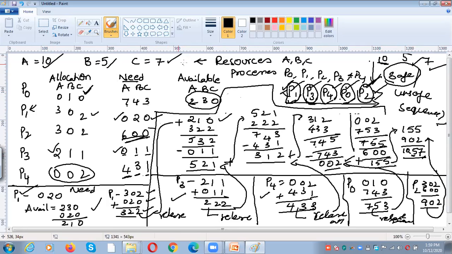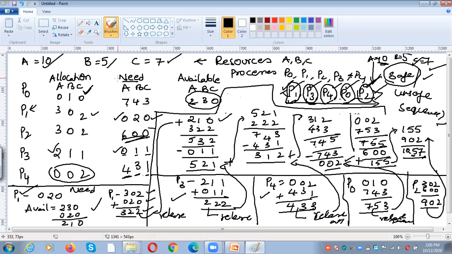That means at the start we have 10, 5, 7, and at the end, all the processes complete execution, so all the resources are released. So we need to have total resources A 10, B 5, and C 7. So the answer is correct and it is a safe sequence, because we are able to provide the resources to every process. Okay, that is about Banker's algorithm.